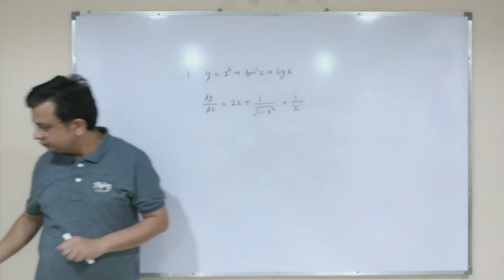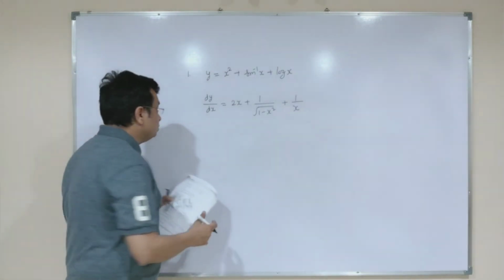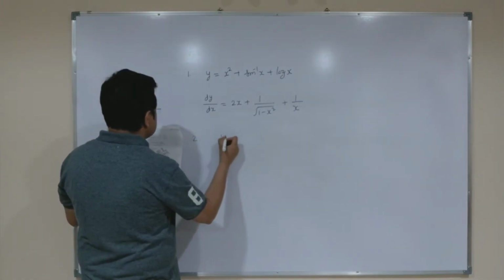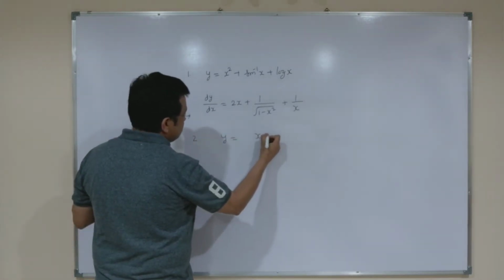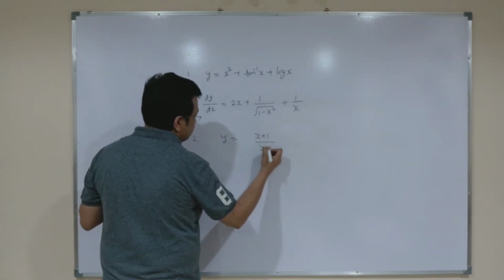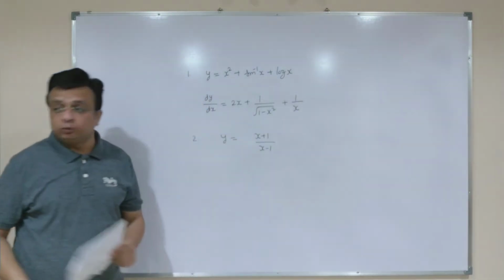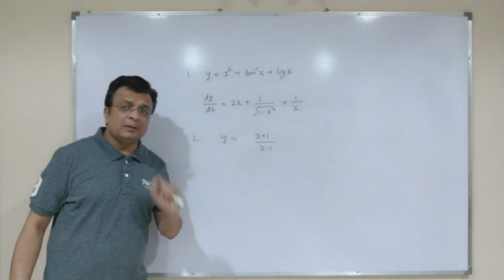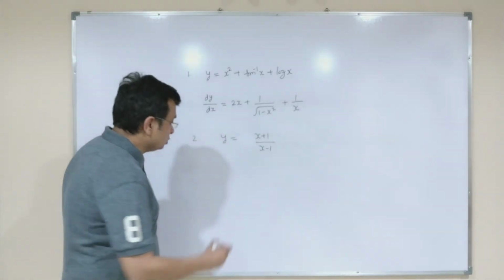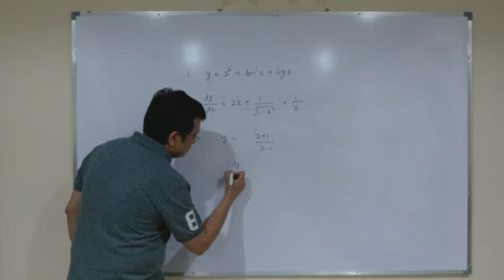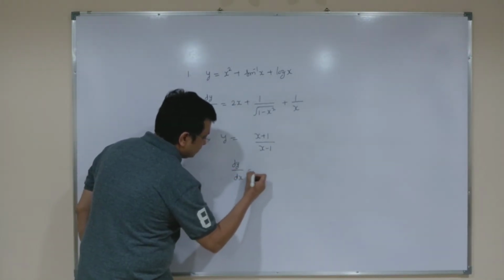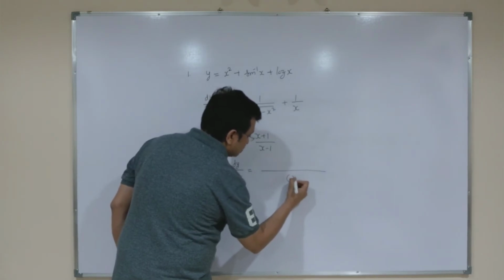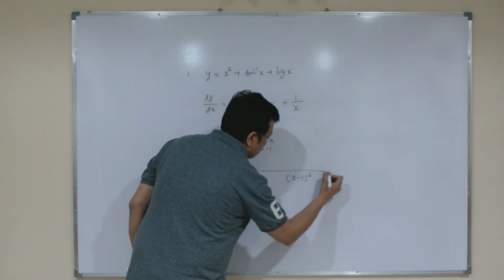Now second question, please write down y is equal to x plus 1 upon x minus 1. Now here I will apply the quotient rule. So dy by dx is equal to denominator whole square, so I'll get x minus 1 whole square.